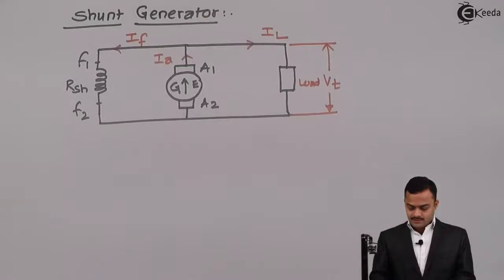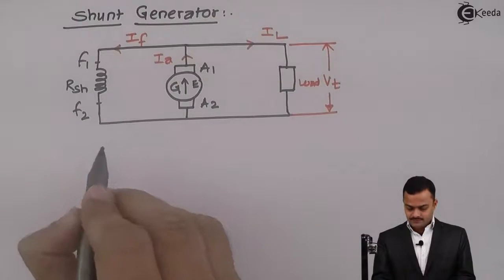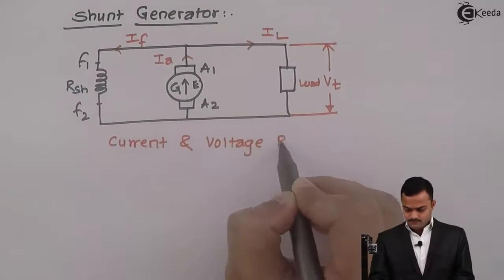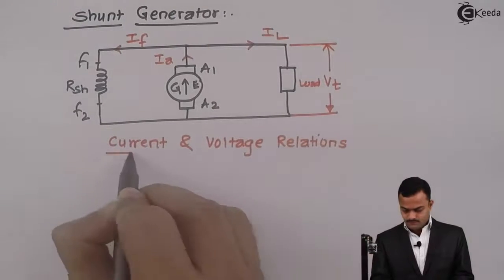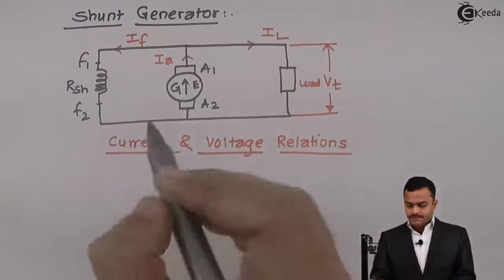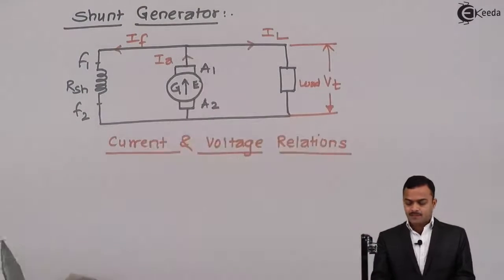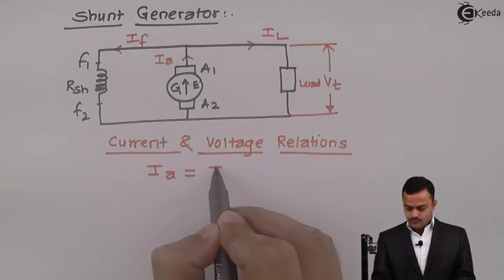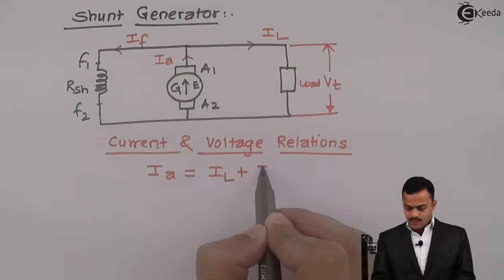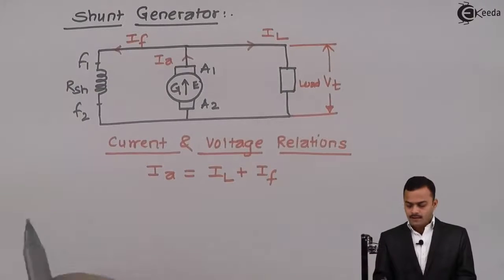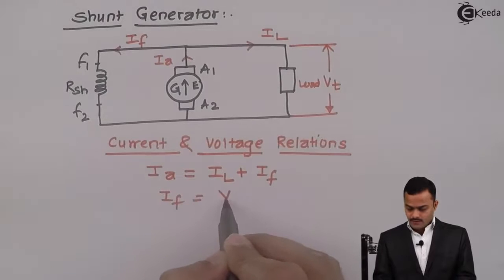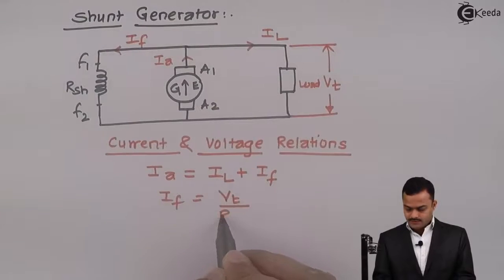Let's write current and voltage equations for this. It's very simple. At this junction, if I apply KCL, IA equals IL plus IF, and this IF can be given as VT upon RSH.